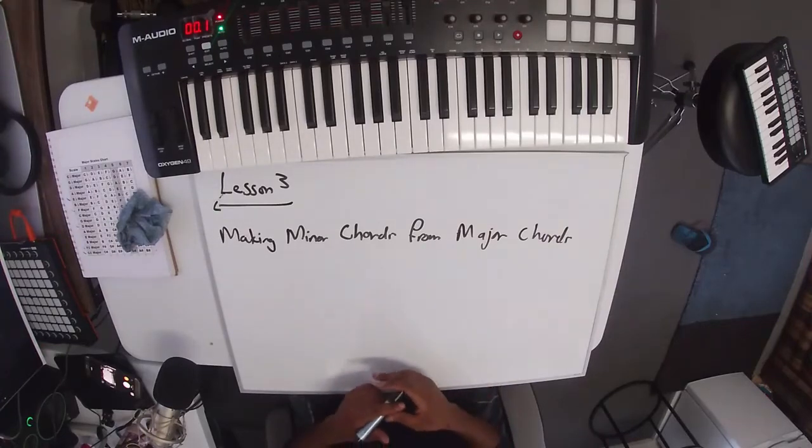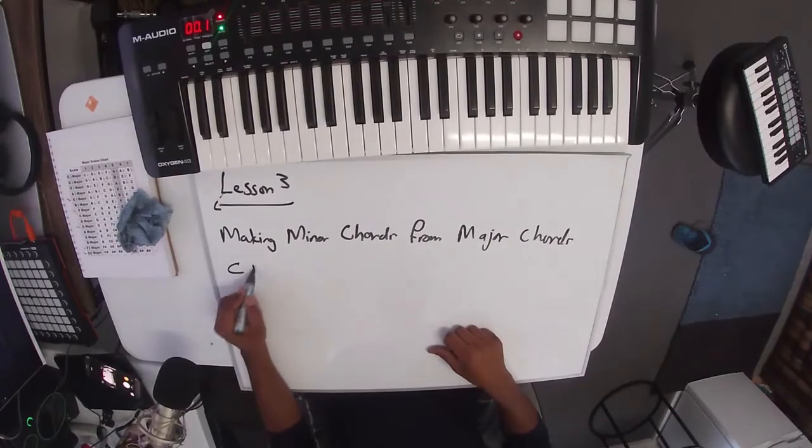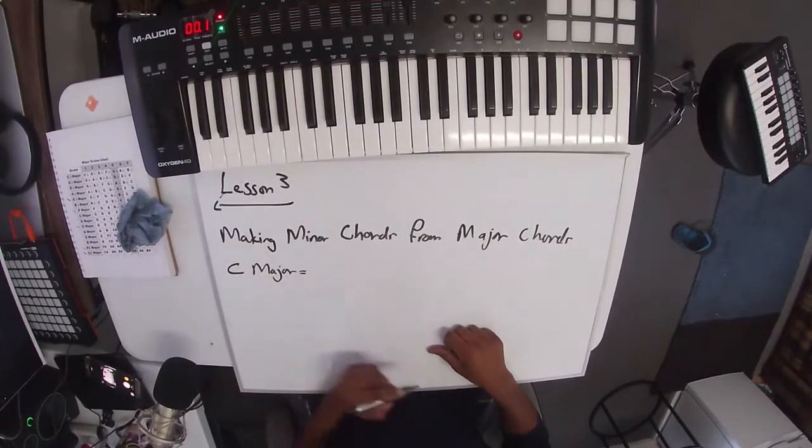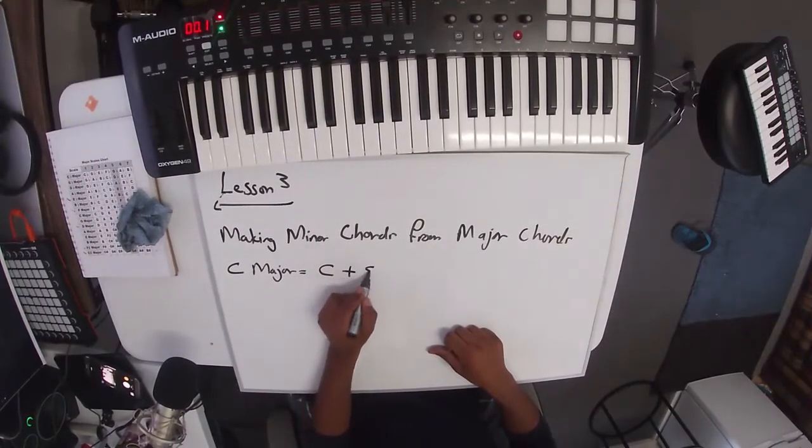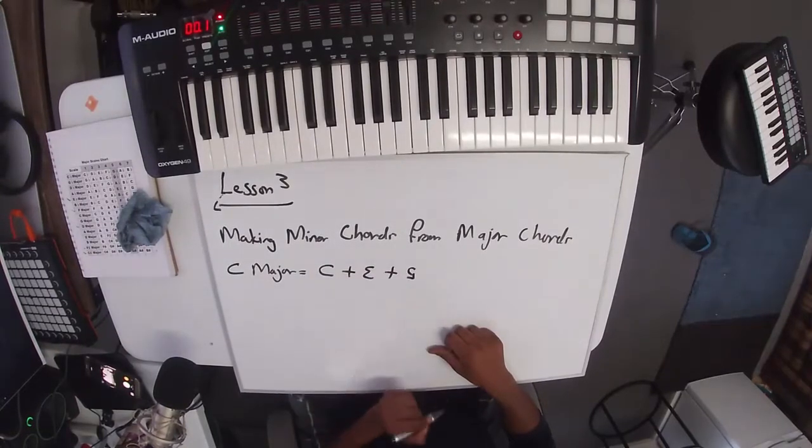So what does that mean? For instance, if you've got a C major chord, we established that a C major chord has the following notes in it: C, E, G.